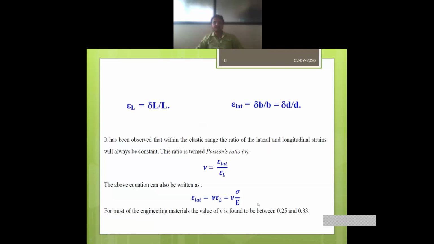So strain is equal to stress by Young's modulus. We have just substituted that here. This is just conversion of equations. Actually, this equation is what Poisson's ratio states: the ratio of lateral strain to the longitudinal strain.